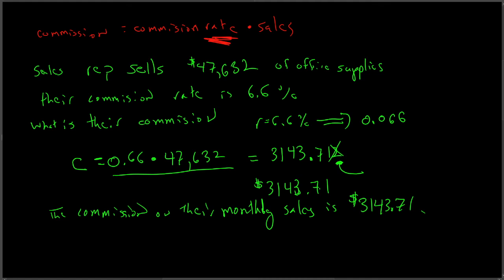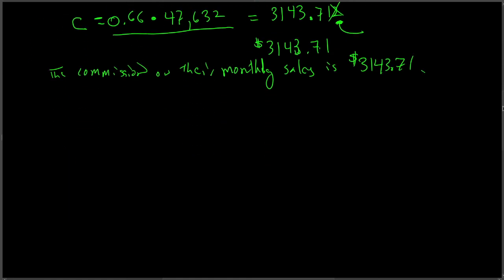Another way this pops up is discount prices. So you have the amount of discount and the sales price. And so the amount of the discount is equal to the discount rate times the original price.